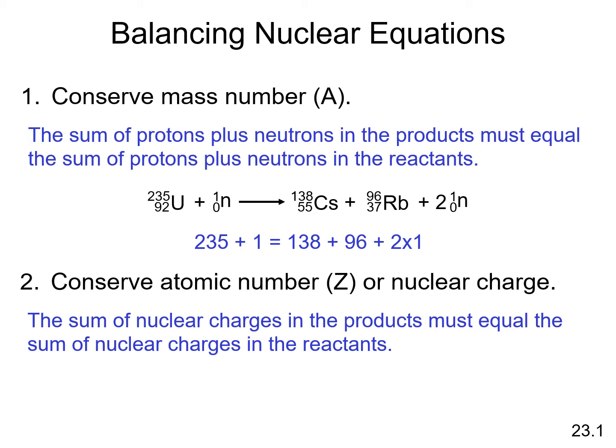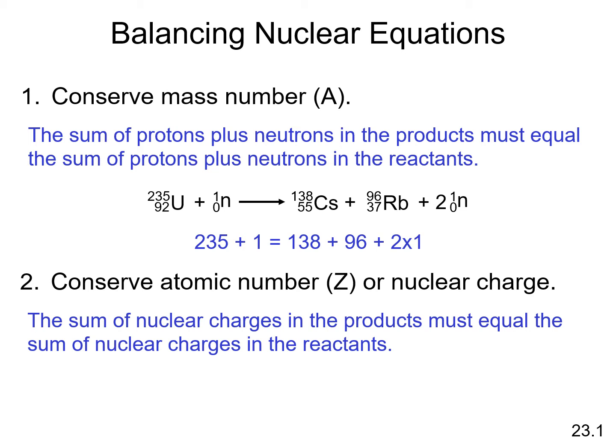If you look here, in the reactant, the uranium reacts with a neutron. The atomic number, the number of protons here, is 92 on the left. On the right, the product side, it should total to 92 as well.